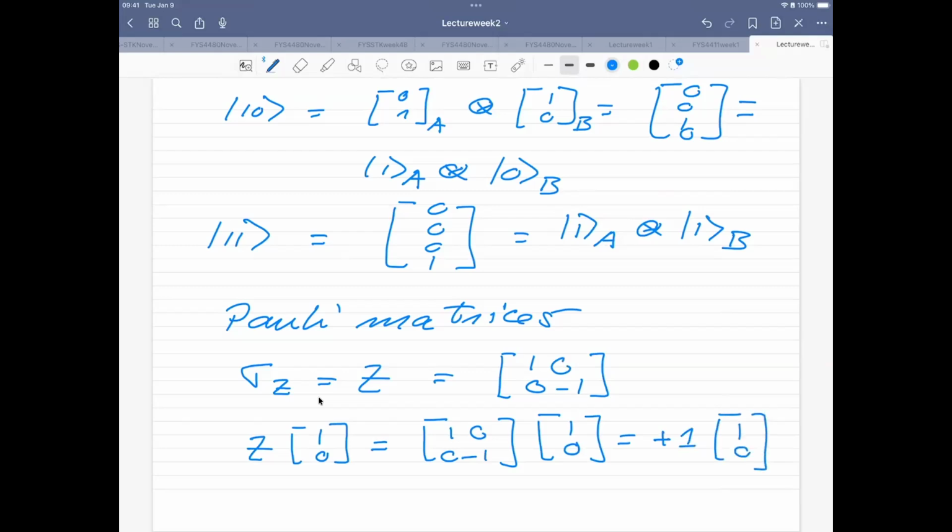So what we are seeing now is that this Pauli Z matrix is a matrix which has as an eigenbasis the computational basis we have chosen. So if we act on this with 0, 1, you will see that the only thing is that we have an eigenvalue, which is -1, but then we have 0, 1.